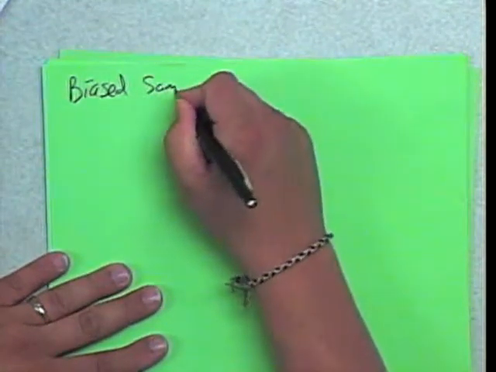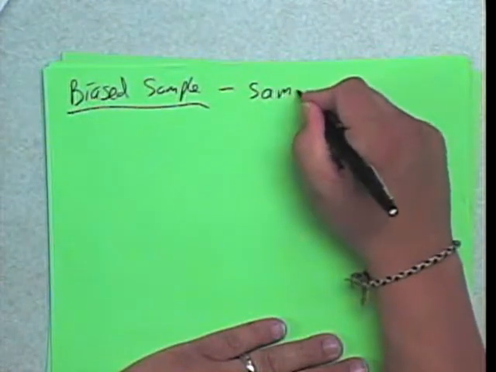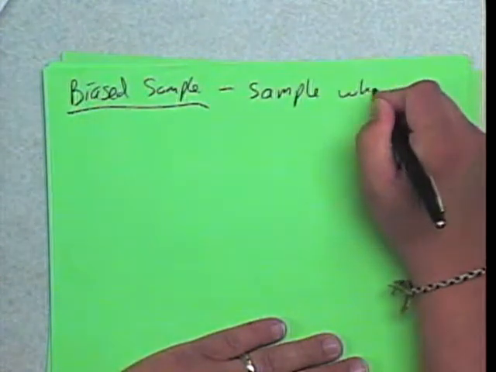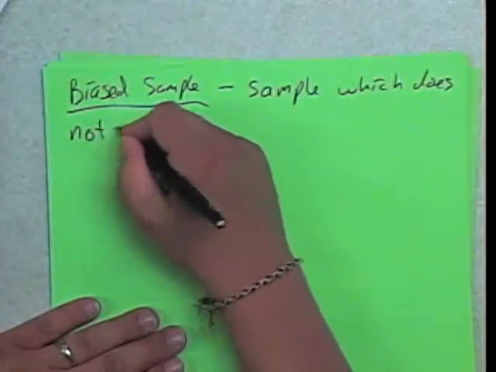This is a very important concept. A biased sample is simply, the definition is a sample which does not accurately reflect the population.